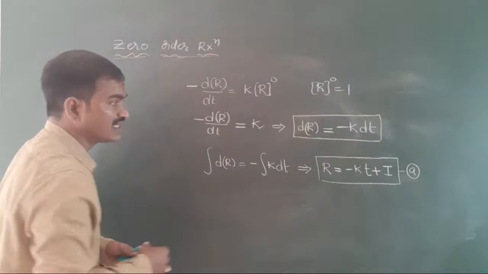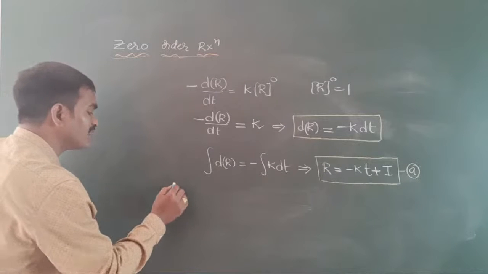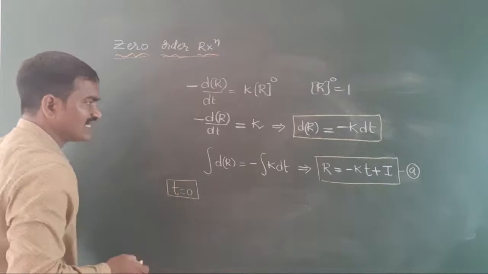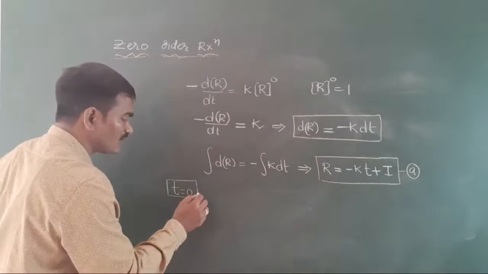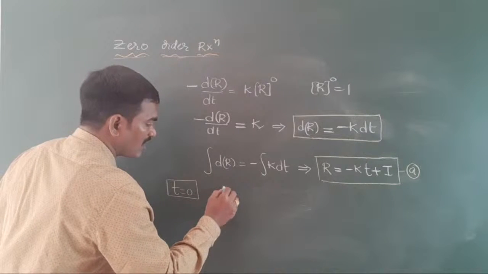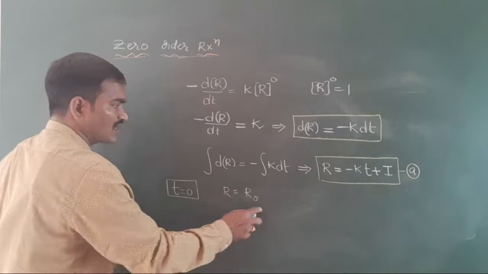Now after that, I am taking t is equal to 0. T is equal to 0 means time is 0. Whenever you take time is 0, initially R is equal to the initial concentration, R naught.